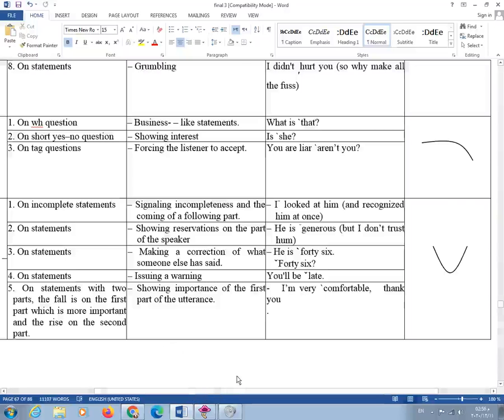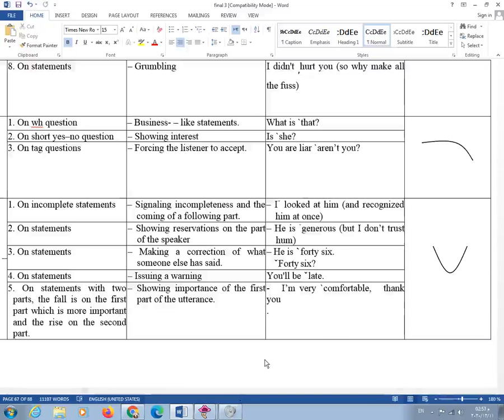So we want to pay attention to this, and the more we listen, the better we're gonna identify this, and we develop a sensitive ear that can capture all these slight differences in tones and the minute functions of each tone.